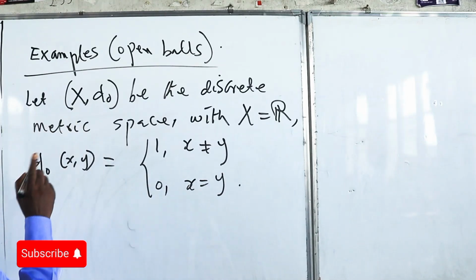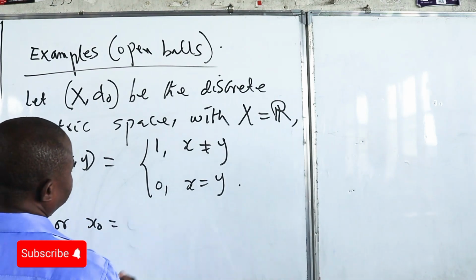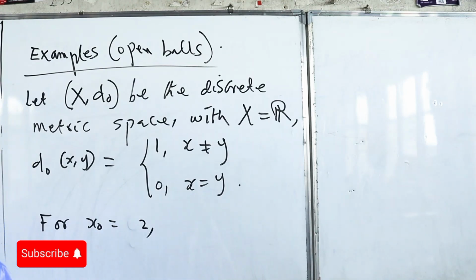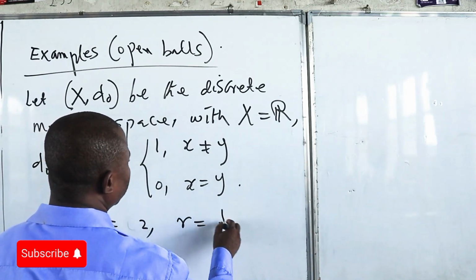Now, for any point, let's start from small. Let's take x naught to be any real number of our choice. Let me take it to be 2, and we take r to be, say, 1/4.